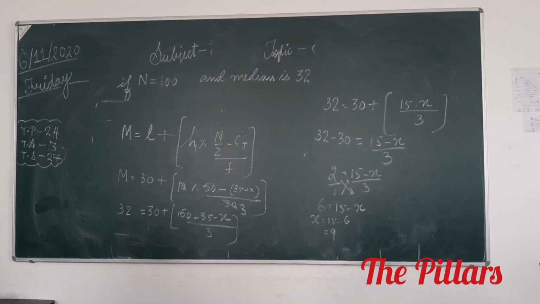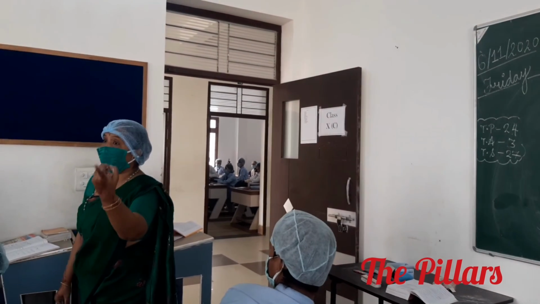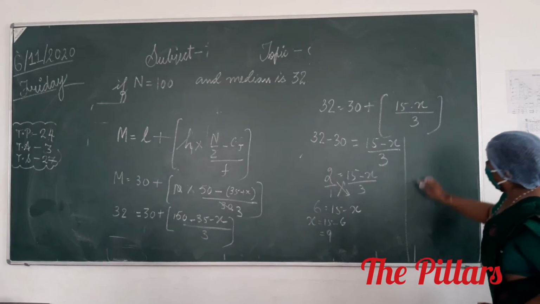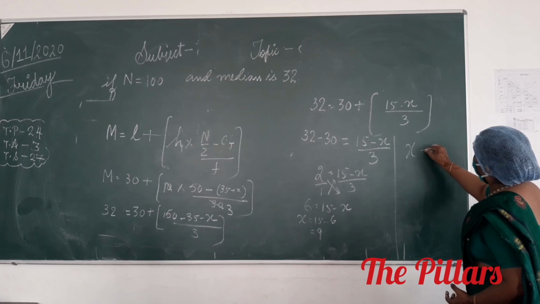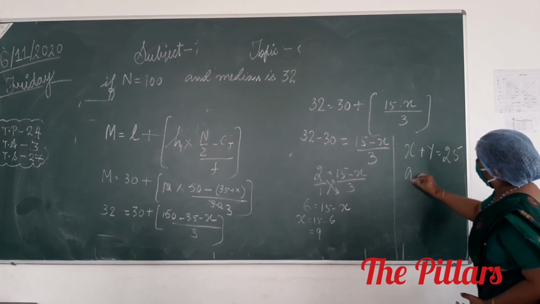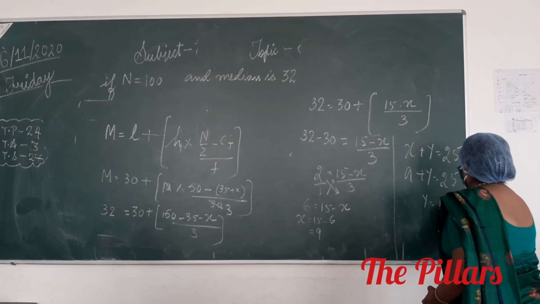If x is 9, can we find y? By the first equation, x plus y is equal to 25. So 9 plus y is equal to 25. Y is equal to 16.